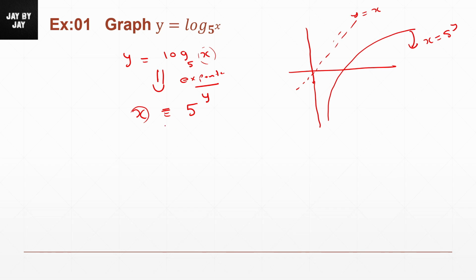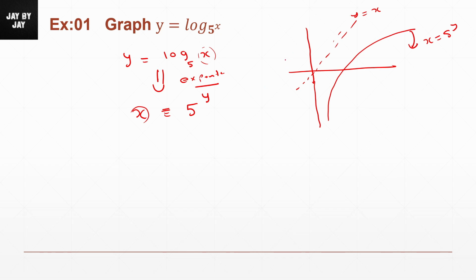But if you apply x equal 1, 2, 3, 4, 5, 6, the thing is, if you try to draw this one, if you put 1 here, it's a little bit difficult to find the y by using this method.